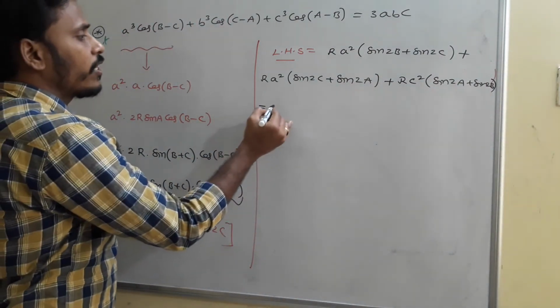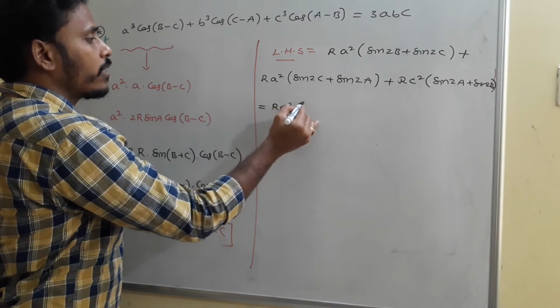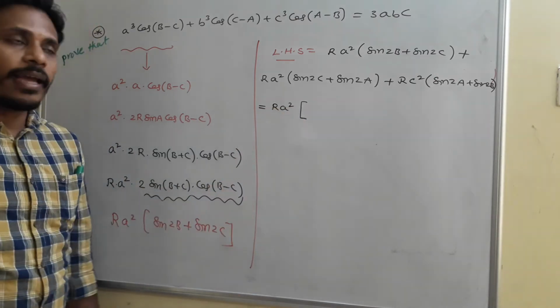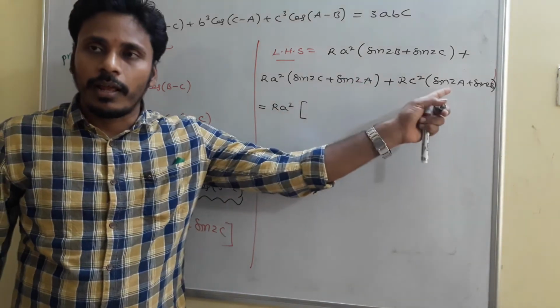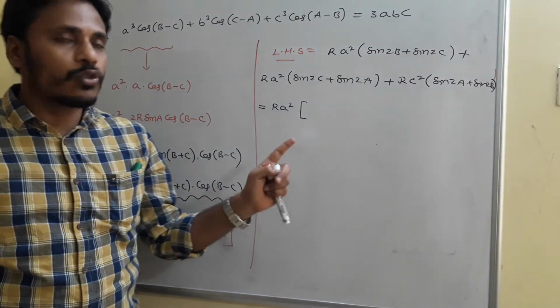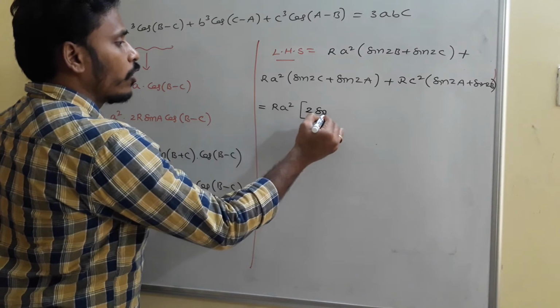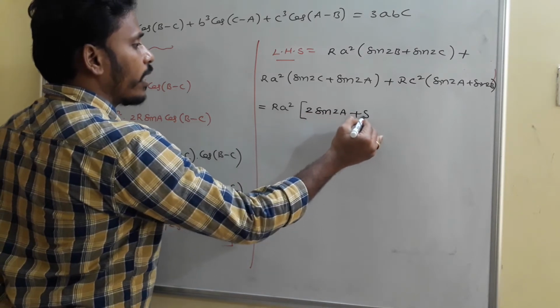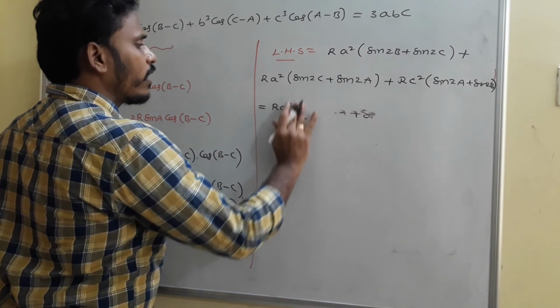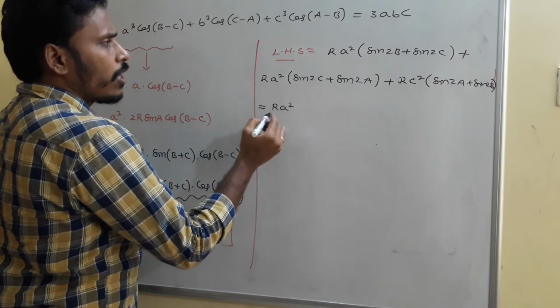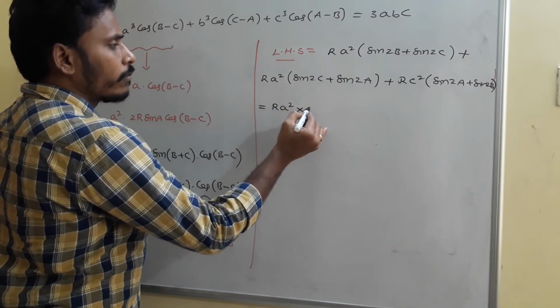Now since we are adding these three, r is a common thing, and in the bracket if you consider these three terms there are 2 sine 2a's, 2 sine 2b's, 2 sine 2c's. So there is a chance to write the 2 out. Okay, r is a common thing.